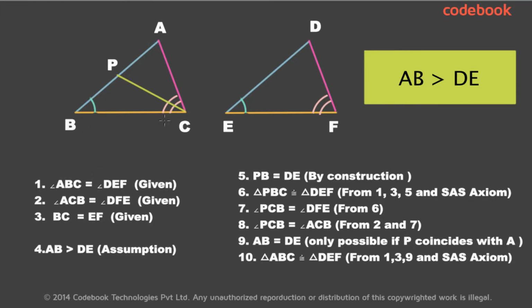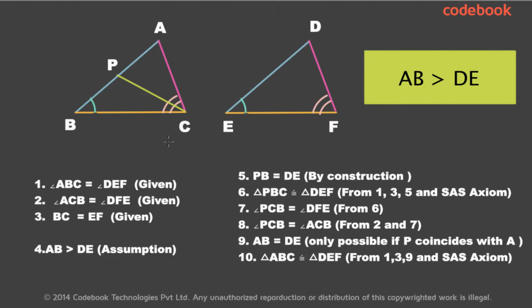Here we know that angle ABC is equal to angle DEF, and angle ACB is equal to angle DFE, and BC is equal to EF. These are all given, and we have made an assumption AB is greater than DE, and we have by construction drawn PB which is equal to DE.